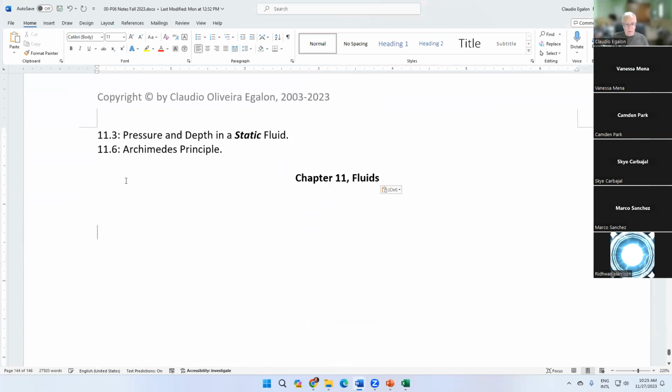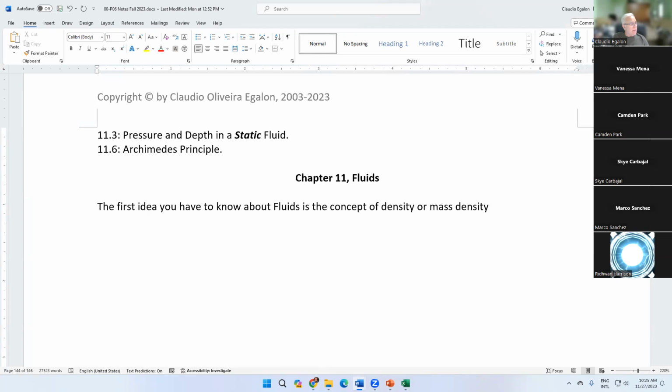So, fluids. Okay, the first idea that you have to know about fluids is the concept of density or mass density, okay? That's the first concept that you have to know.